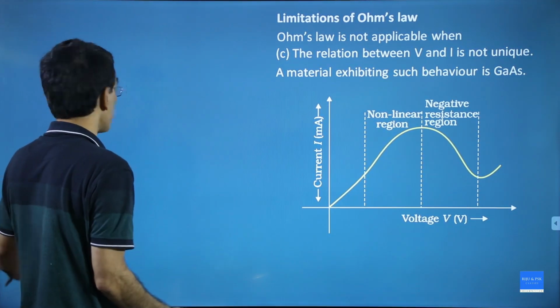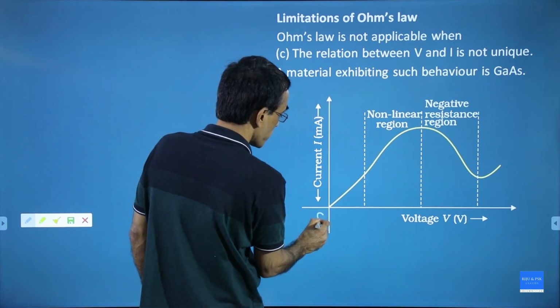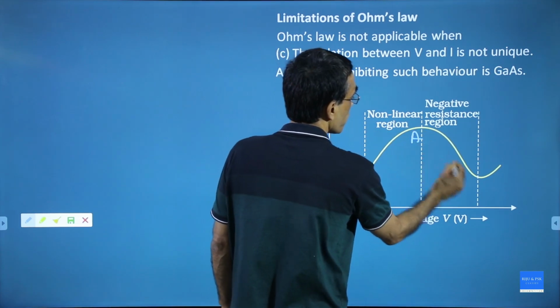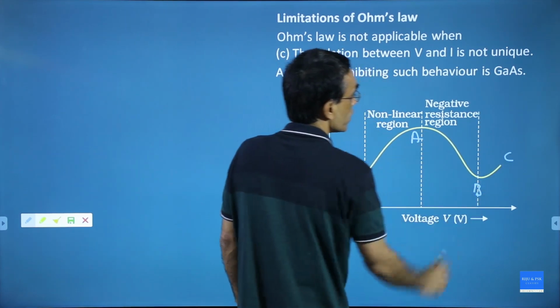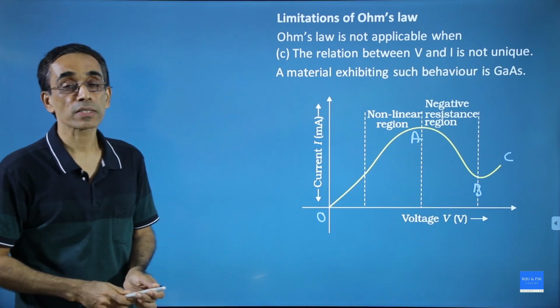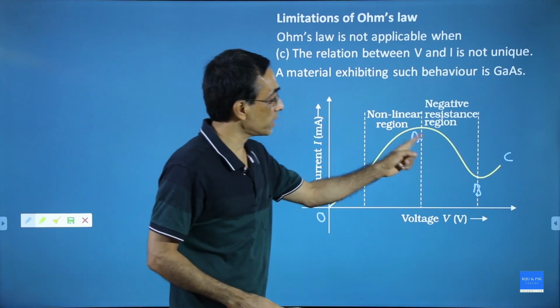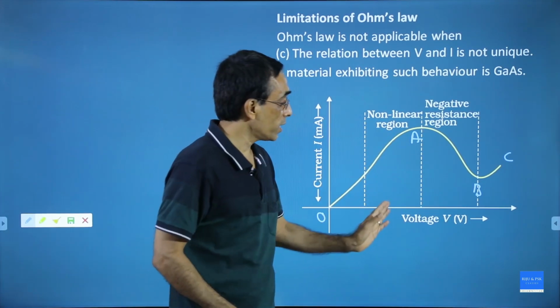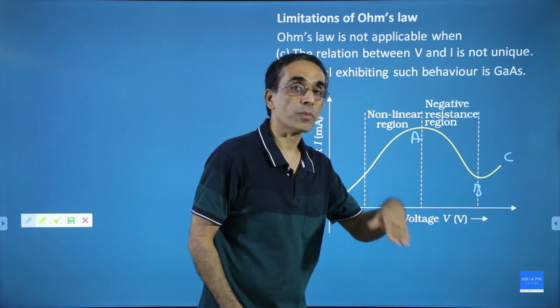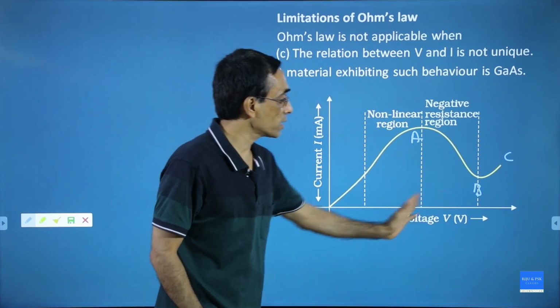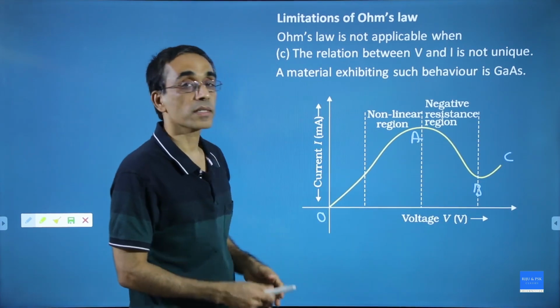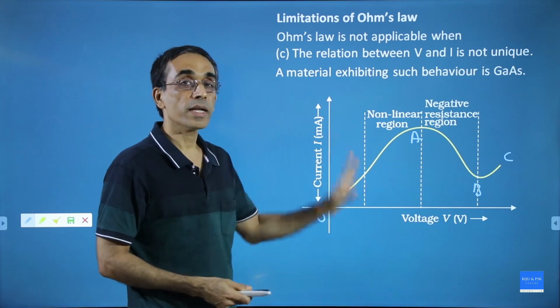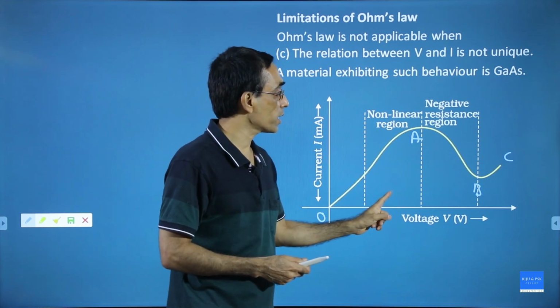If you see your compendium, I think this question is there. Say from O to A, B, C, which region has got a negative resistance? You can say it is the region AB. What is the reason? Increase in voltage does not produce increase in current. Increase in voltage produces a decrease in the current. So, that has a negative resistance region, NCERT textbook.